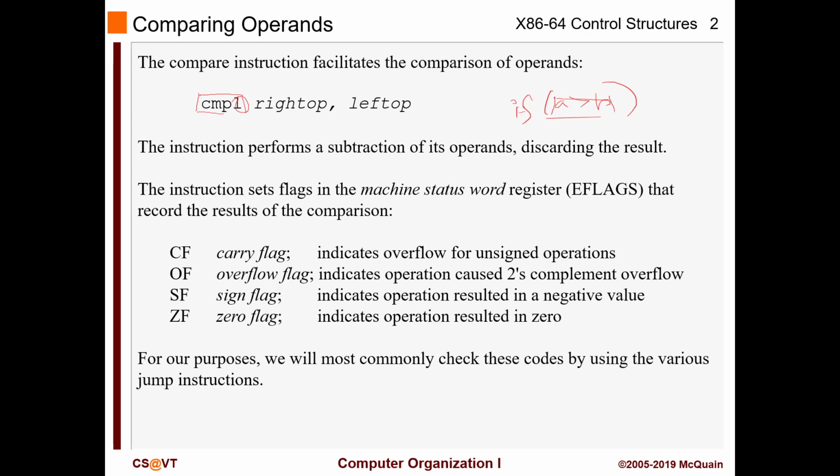The compare instruction facilitates the comparison of operands. Whenever we compare the right operand and the left operand, the instruction performs a subtraction of its operands, discarding the result. So it doesn't care what the result is. All it needs is the subtraction of the left operand and the right operand.